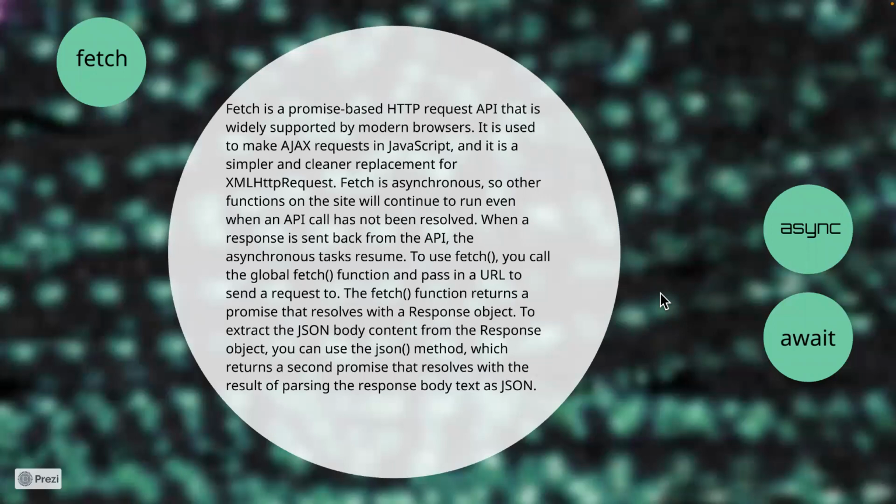That means this type of function is not going to hold up the line of the JavaScript code running. It's not going to stop everything just for that function to run. It's going to do it in its own time. And in order to make this fetch call run, we need to use these keywords, async and await.